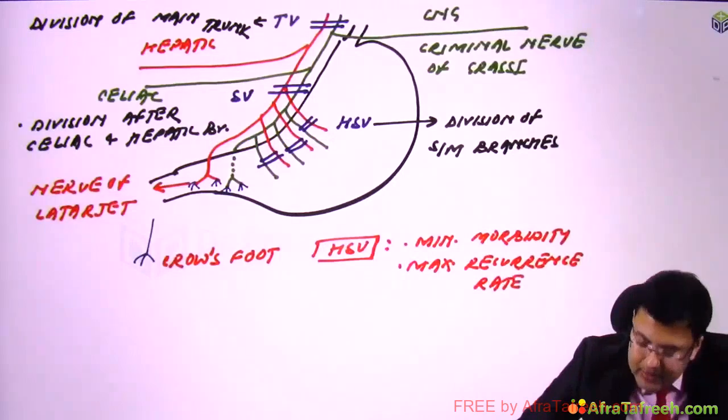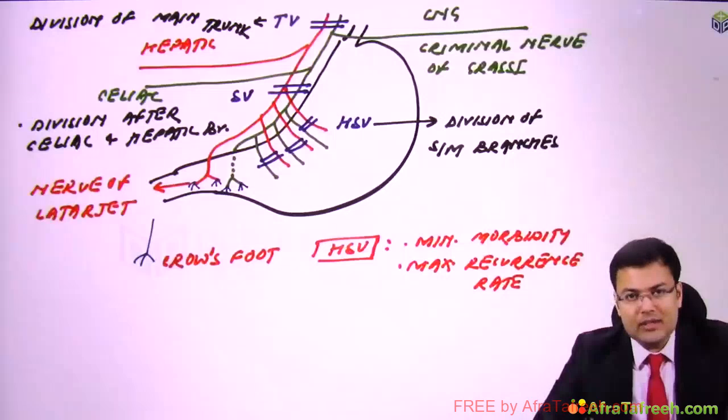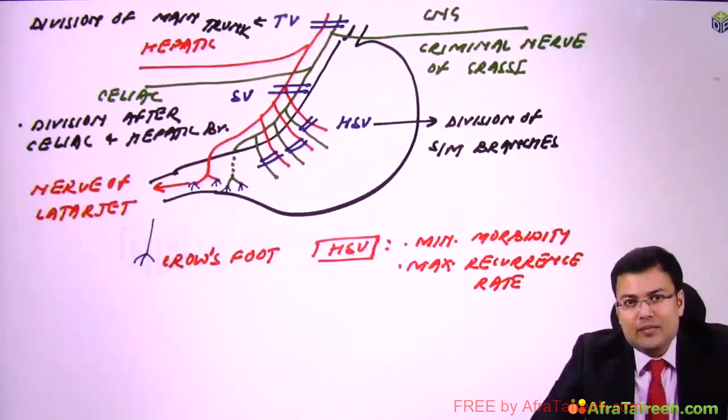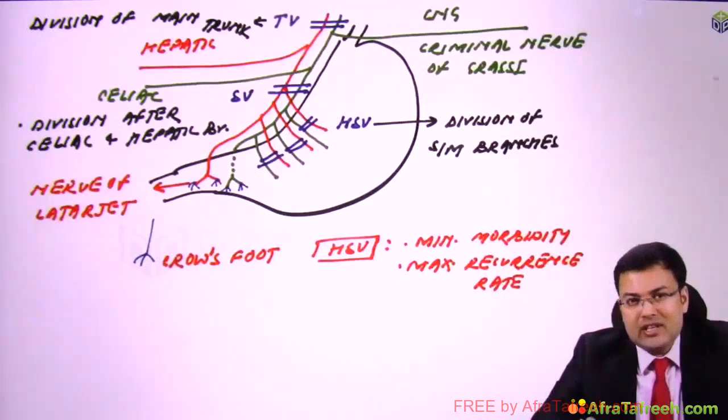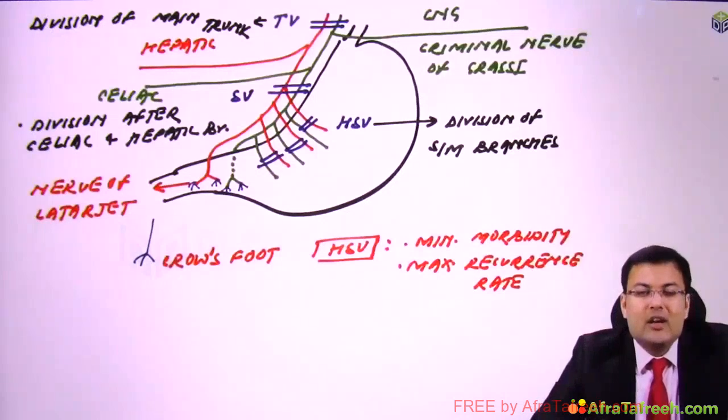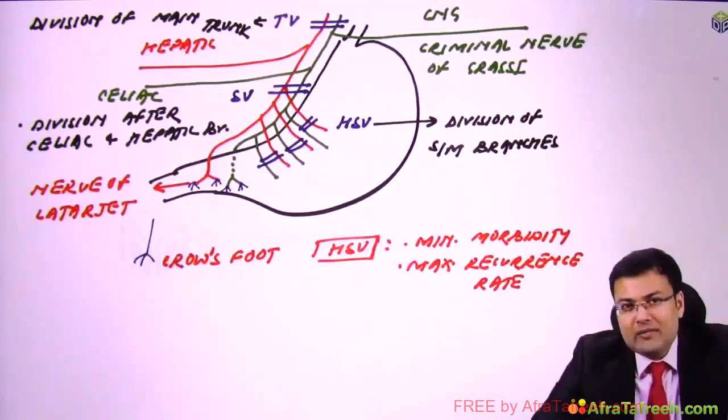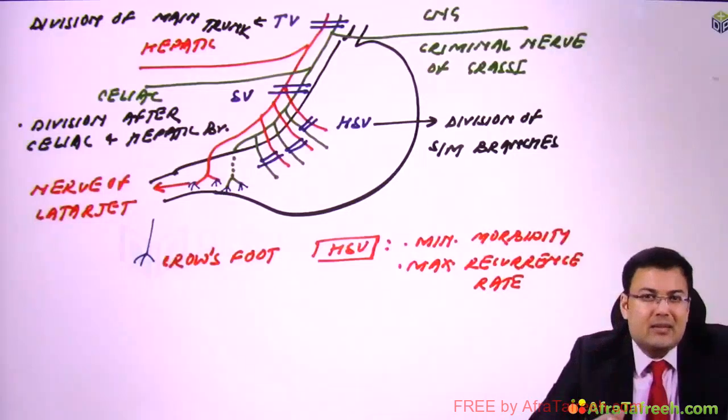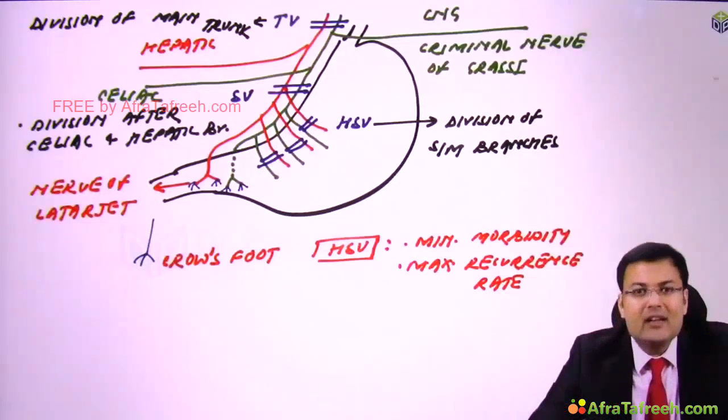What do you mean by maximum recurrence rate? There is a simple concept. Generally in most patients of peptic ulcer, there is increased acid output. Second, the acid production is under the control of vagus. So if we perform vagotomy, it is going to decrease the acid production or output, and after that there is faster healing of peptic ulcer.